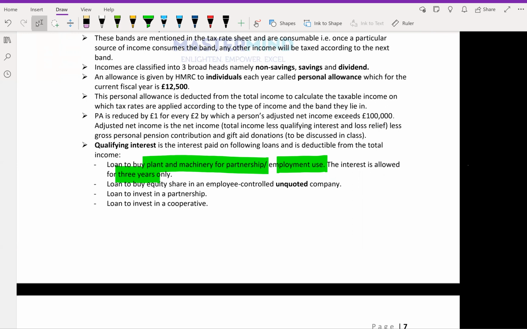But if you, as part of the cooperative housing society, want to invest in that society for maintenance, repairs, new construction or whatever it is, and you're taking a loan to invest in that cooperative, the interest on that loan will be treated as a qualifying interest and will be a reduction from the total income. Done?